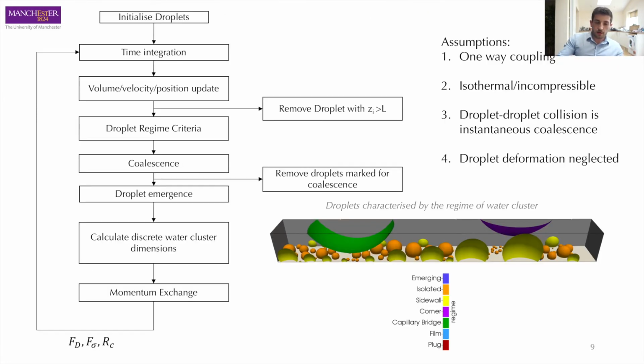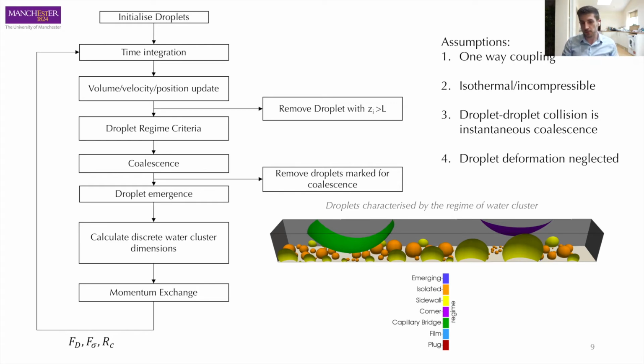Using this, we can then formulate the whole flow process of the model, where we can integrate with time explicitly, and we can track the volume, velocity, positions, droplet configurations, coalescence, and different algorithms which allow us to build this mechanistic model of how droplets form and interact inside the channel.